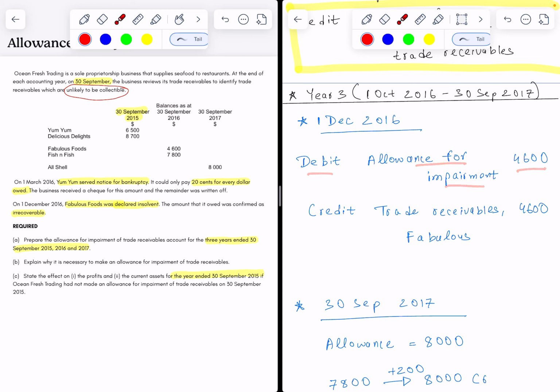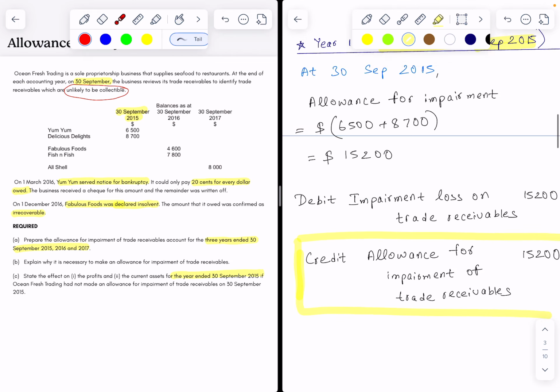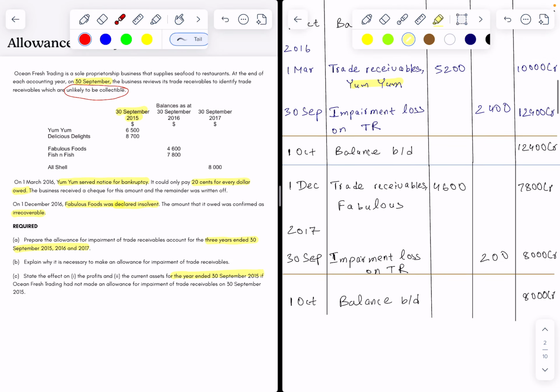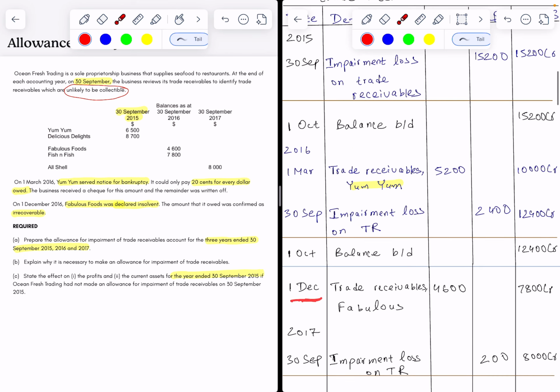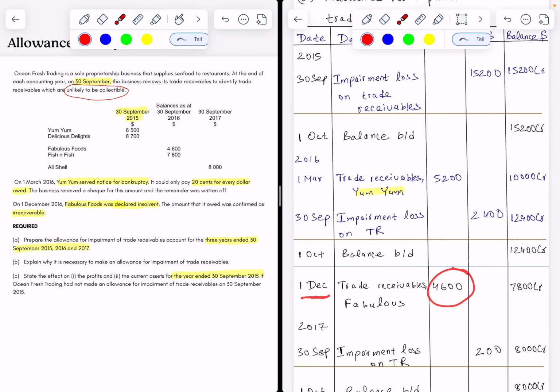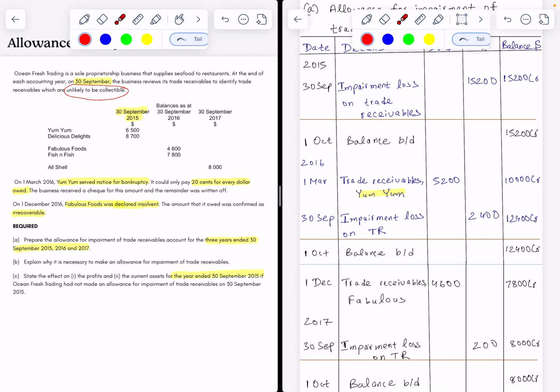So as you understand, this journal entry where the allowance account is debited by $4,600 is to be reflected in the ledger account. So scrolling back up here, you can see that on 1 December 2016, I've included $4,600 on the debit side, okay? And the relevant account which is used as the cross-reference is the account of Fabulous Trade Receivables.